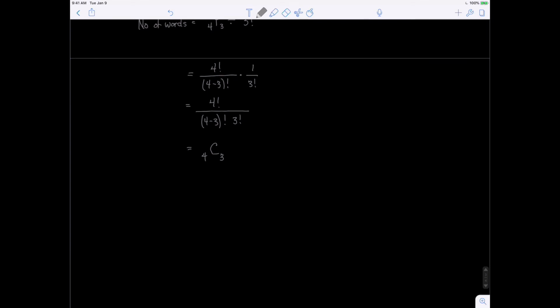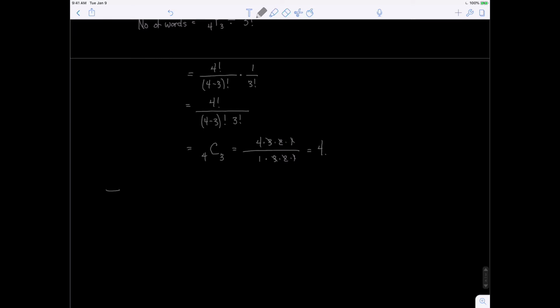And if you work through that, it does in fact give us exactly what we want. That's 4 factorial, that's 4 times 3 times 2 times 1. 4 minus 3 factorial is 1 factorial, which is just 1, times 3 times 2 times 1. Look at that. All this cancels, and our answer is 4.